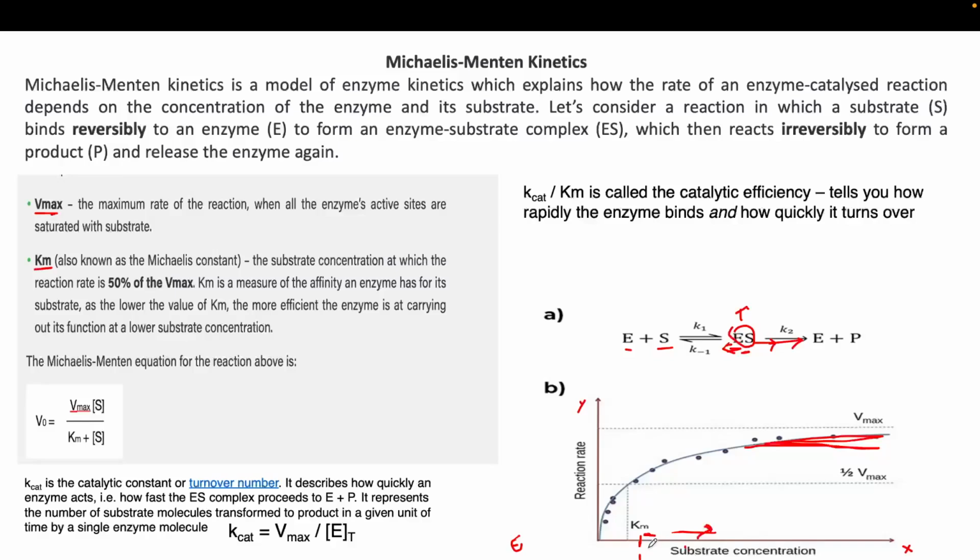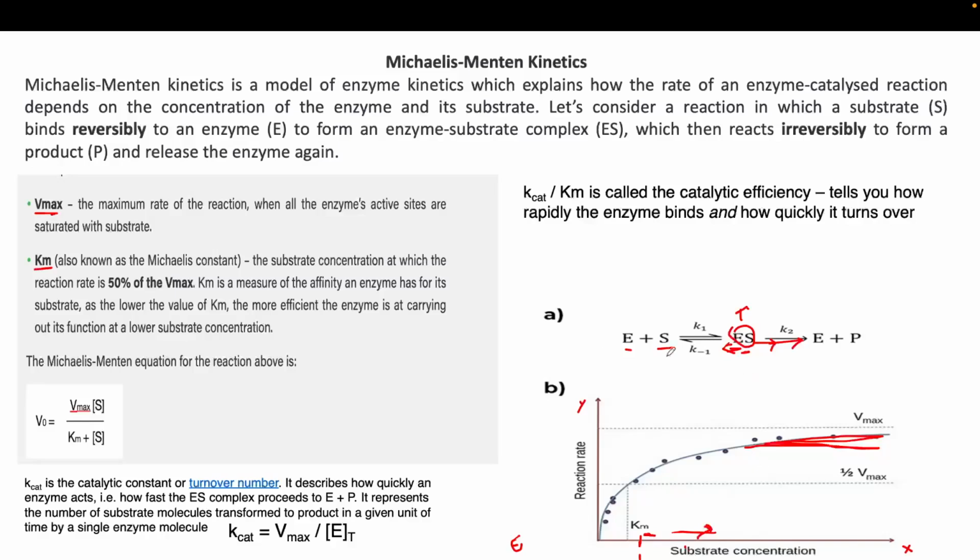If the Km is high, it means the binding affinity between the enzyme and substrate is not too good. Binding affinity means the bond which is forming between the enzyme and substrate. So if the binding affinity is high, the Km value should be low, meaning at a lower substrate concentration the enzyme binds perfectly with the substrate.